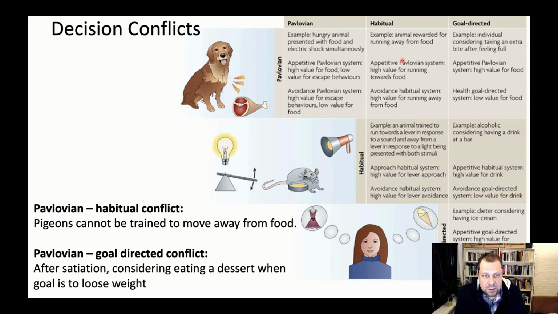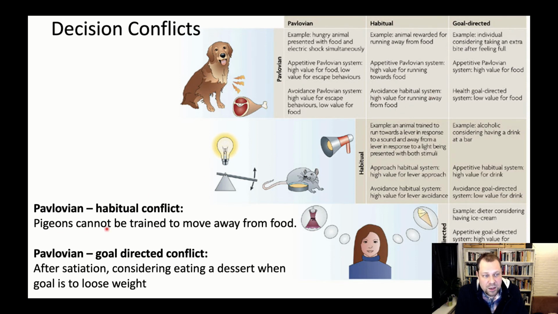There are some studies that try to train animals to run away from food. So the animal actually gets rewarded more if it runs away from the food. The appetitive Pavlovian system would assign a high value to move towards the food, to approach the food. That's the Pavlovian system. And then the habitual system learns to assign a high value to run away from food.